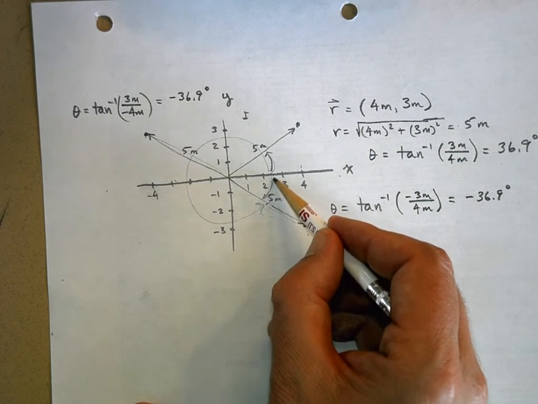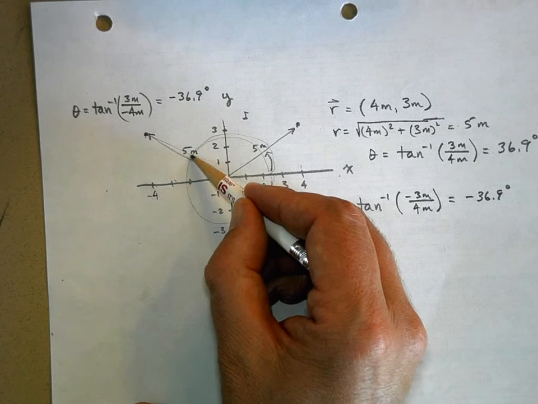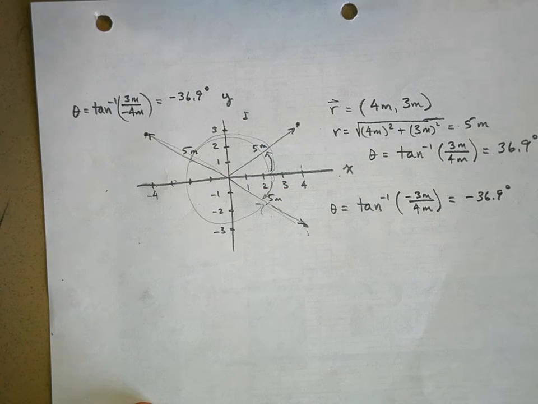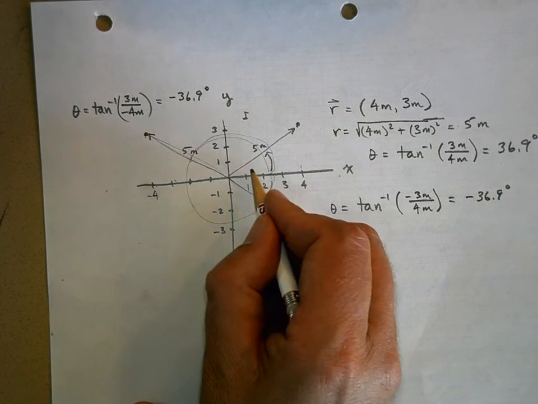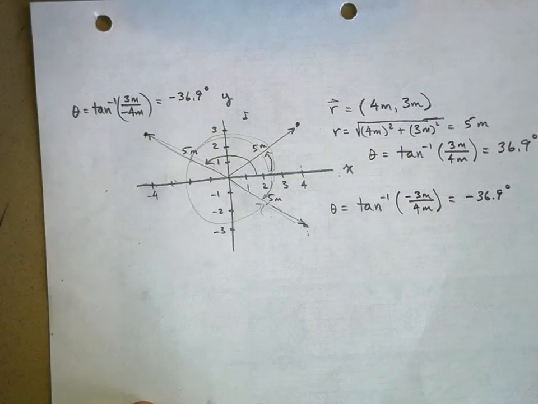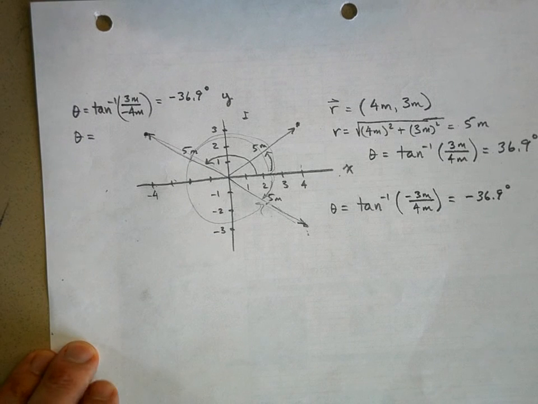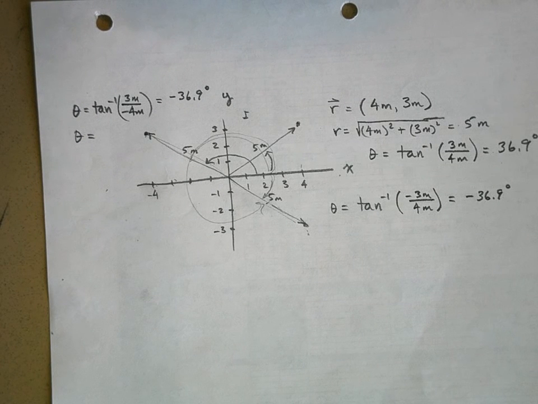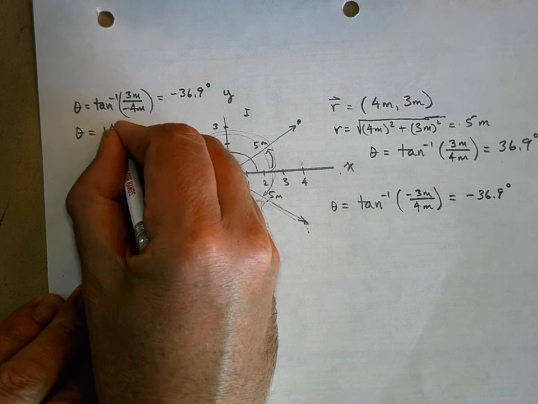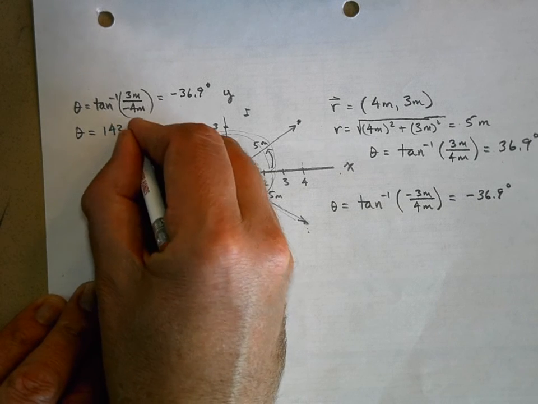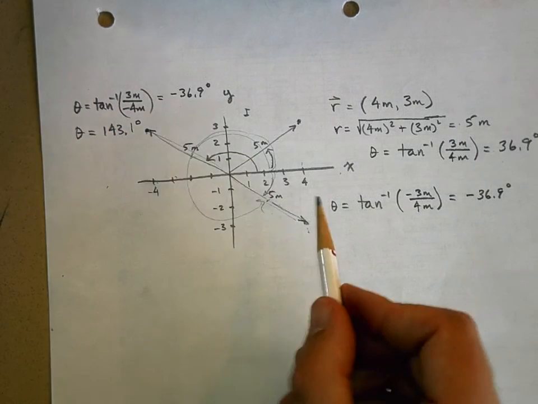It is in the opposite direction, which is 180 degrees away. So what you need to do to get to this angle right here is add 180 degrees to your answer. So theta is -36.9 plus 180 degrees. It's 143.1 degrees from the positive x-axis.